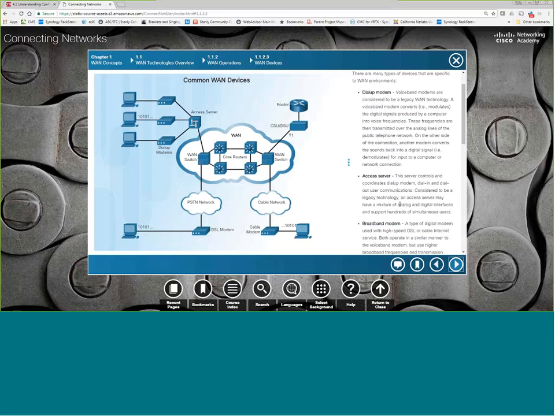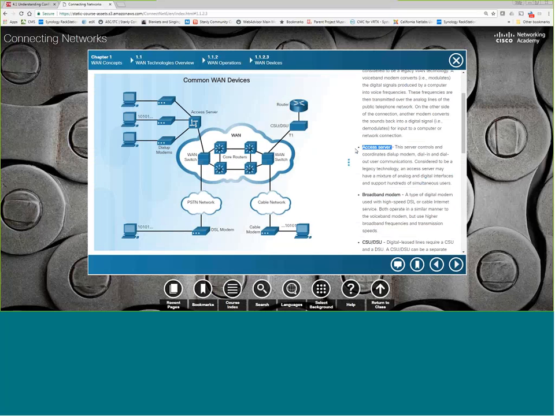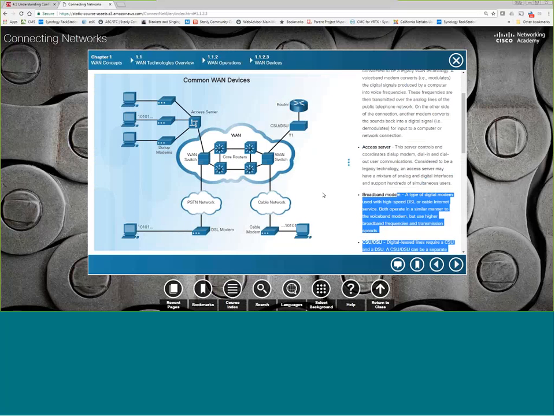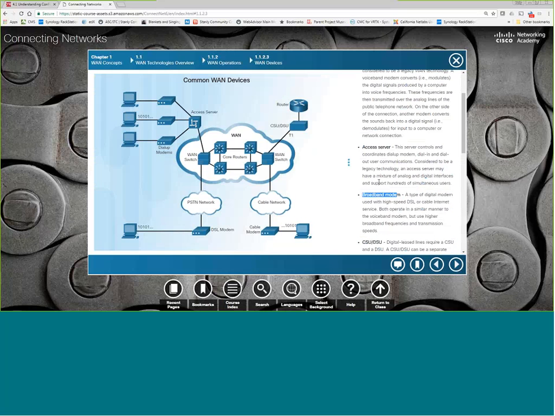So some common WAN devices. Hopefully you don't have dial-up modems. You both are probably old enough like me, you actually did have dial-up modems. Access servers, which would connect to dial-up modems. So you'd have modem banks that would dial into the network. This day and age, we have broadband modems, DSL or cable modems.